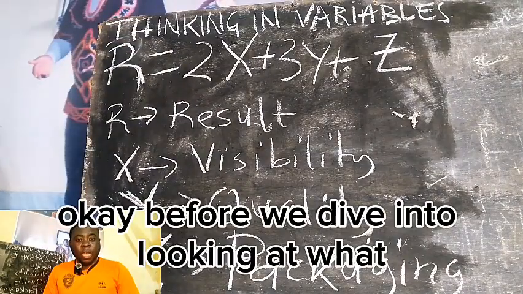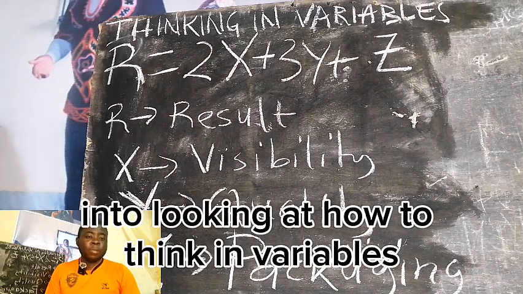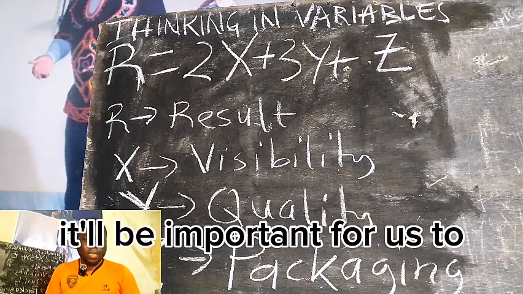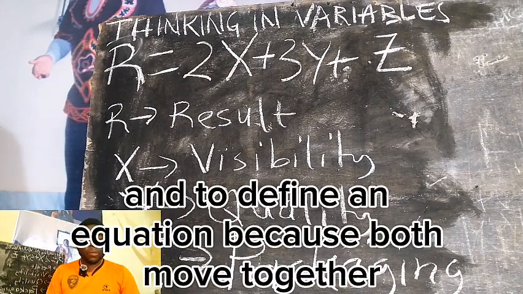Okay, before we dive into looking at how to think in variables, it will be important for us to look at what a variable is, to define a variable and to define an equation, because both move together.